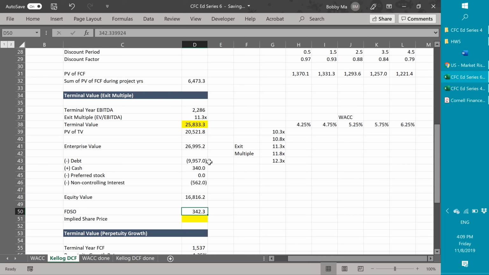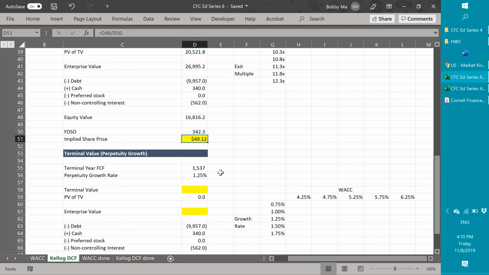And then you have around 342 million shares outstanding. So then you go from your equity value, which is your total worth of equity, divided by the number of shares of equity, and then you get an implied share price of around $50. Does that make sense? All right, great.